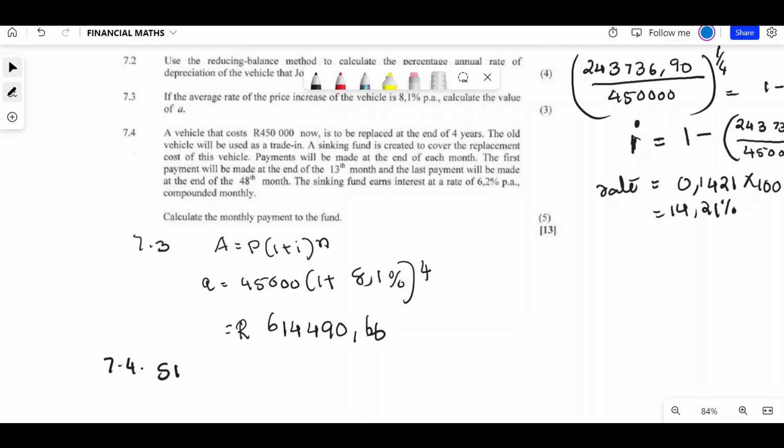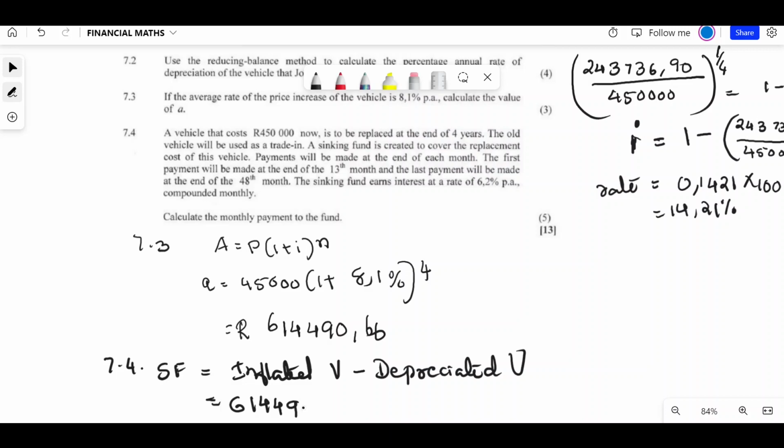The sinking fund is inflated value minus depreciated value, which is inflated value, this A, 614,490.66, minus the depreciated value from the graph, it was 243,736.90.